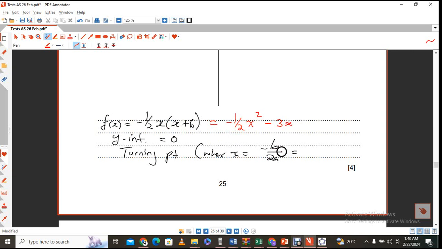So the value of b here will be negative 3, over 2 times negative a half. Of course, you have a positive up there and a negative here, so the answer will be negative 3.